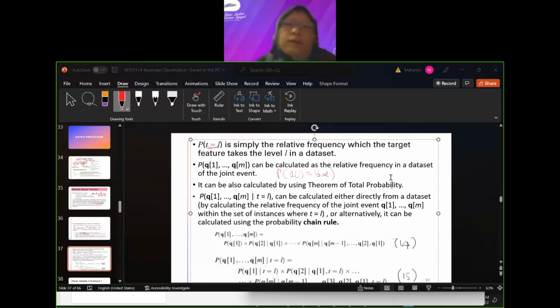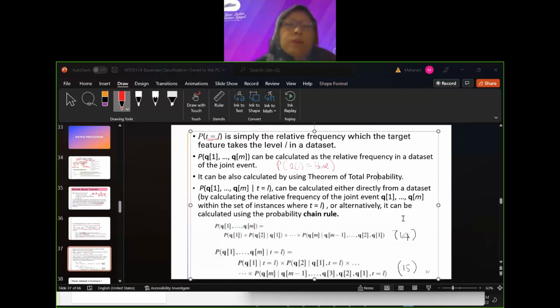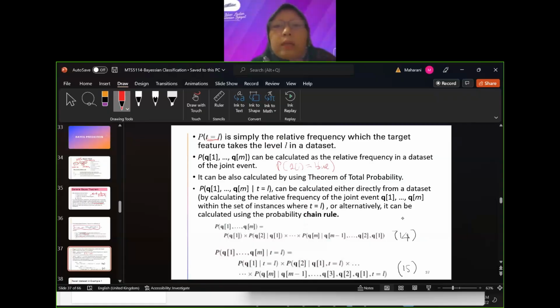Next, how to compute P of Q1 until Qm given T equals L. This is a condition, so the probability of features Q1 until Qm with condition T equals L. For this you can use the conditional probability that we explained yesterday.